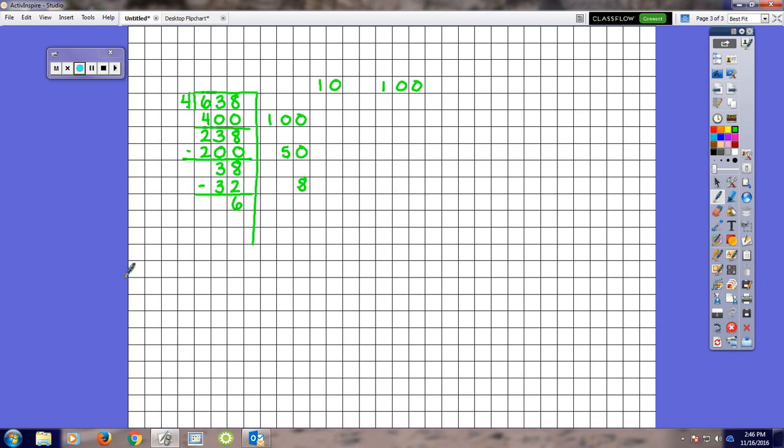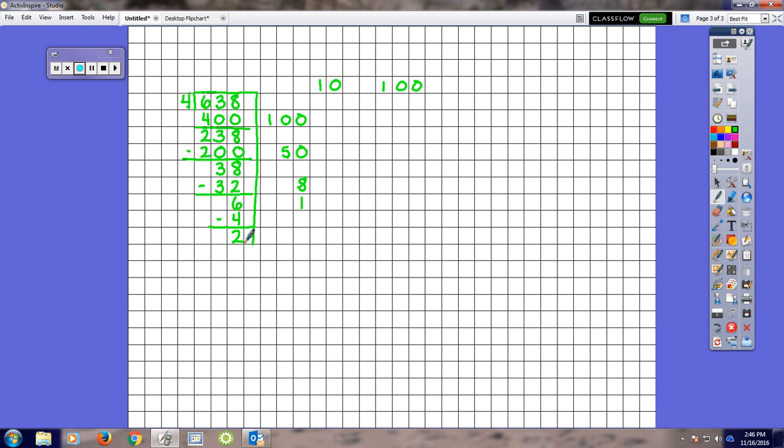Well, I can keep going, because this 6 is not less than my 4. So I can't stop until this is 0 or less than 4. So I know 4 times 1 is 4. So I'm going to put a 1 there, multiply it out. I subtract, I have 2.